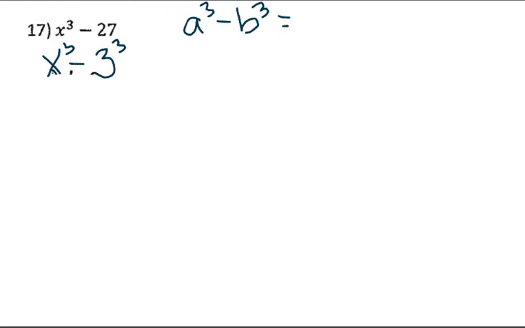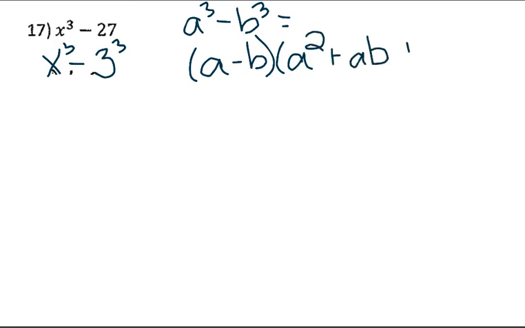And this formula will be given to you on your formula chart, but you need to know how to use it. So the formula that is given to you tells you a minus b times a squared plus a times b plus b squared.